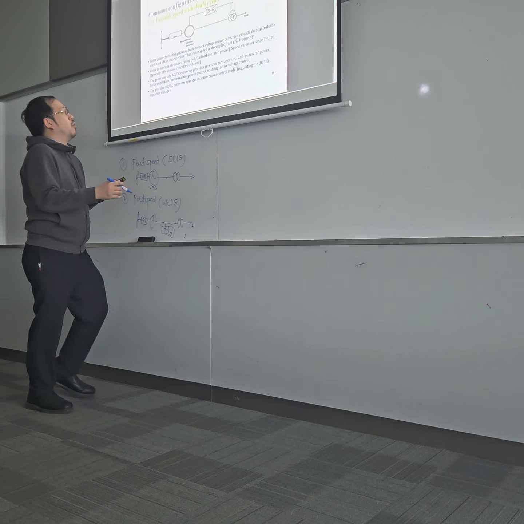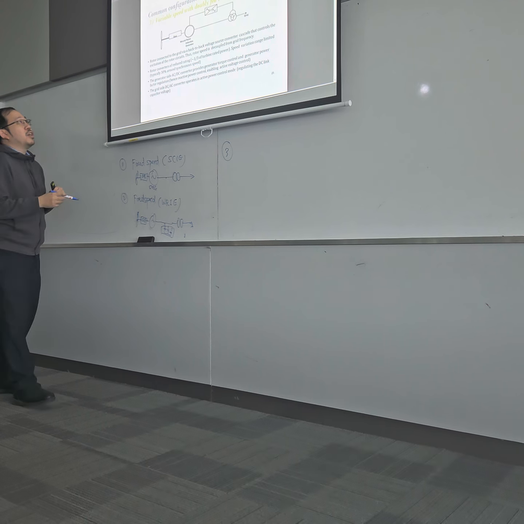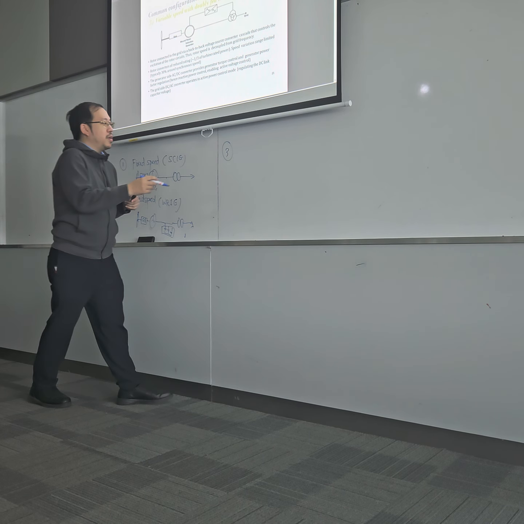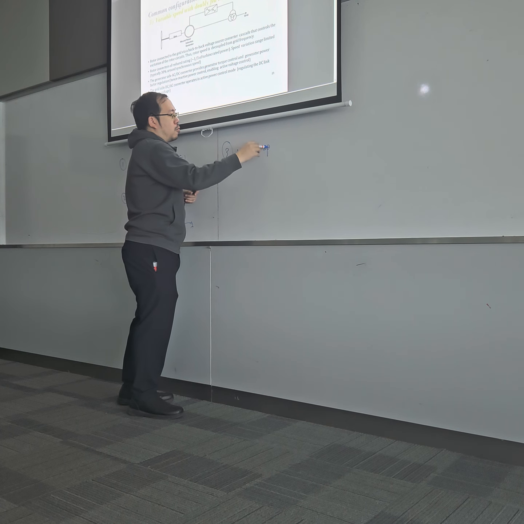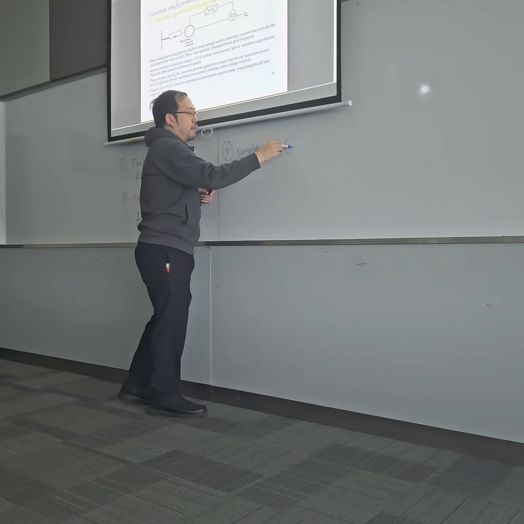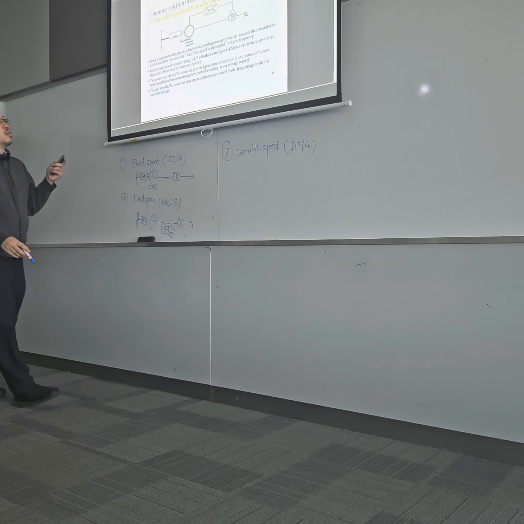Okay, and the more common one that we have now is the Type 3. Type 3 is the variable speed, but it's known as the doubly fed induction generator. Okay, so you have in this case a wound rotor induction generator as well. However, the difference is that you have the rotor connected to the grid via this back-to-back voltage source converter.